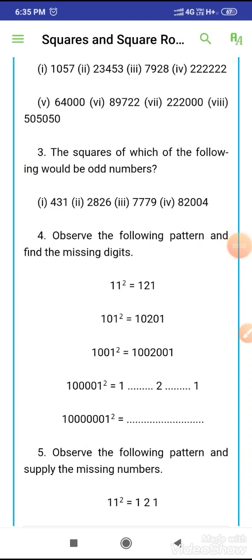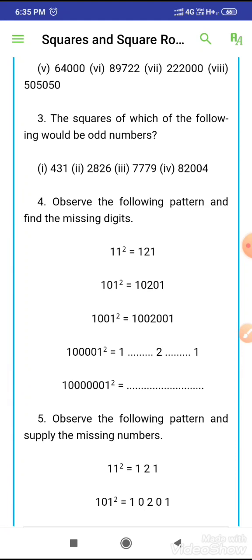Now move to our third question, which is: the square of the following would be an odd number. The square of an even number is an even number and the square of an odd number is an odd number. Our first part is 431, and 431 is an odd number, so its square is also an odd number.